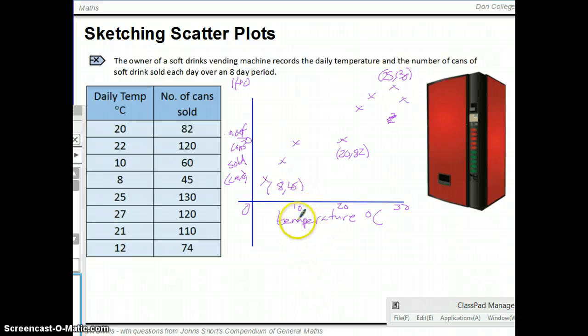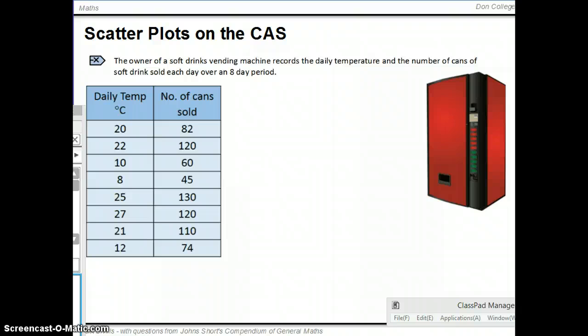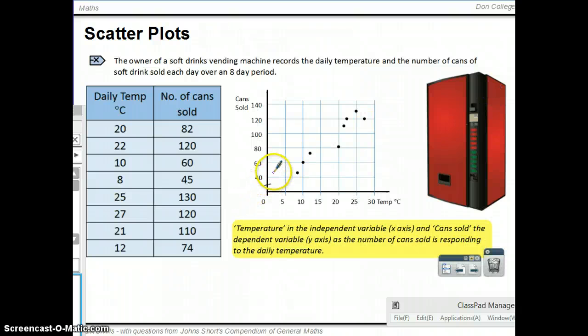Okay, something else it might be worth mentioning is the broken axis that was on here. If you have a gap between the bottom part here and the first one here, you can see that each one of these is worth 20. So you've got 140, 120, 122, 100. So each square is worth 20 cans. And down here, they've broken the axis because this one has 40.